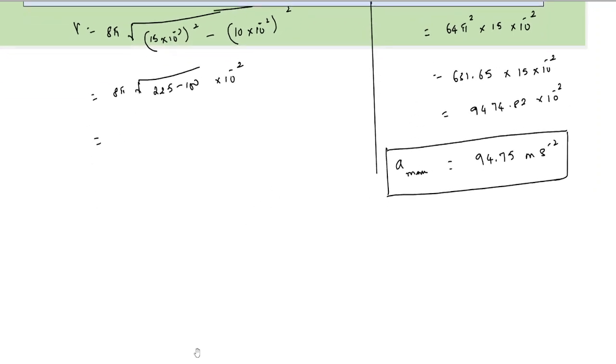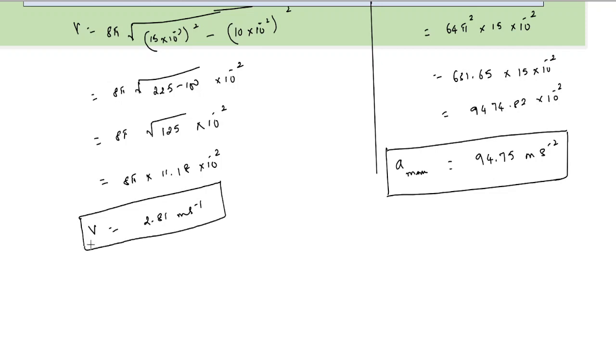That is equal to 8 pi into root 125 into 10 power minus 2, and root 125 is equal to 11.18, so 8 pi into 11.18 into 10 power minus 2. Solve it, we get 2.81 meter per second. This is the velocity at a distance of 10 centimeter from the mean position.